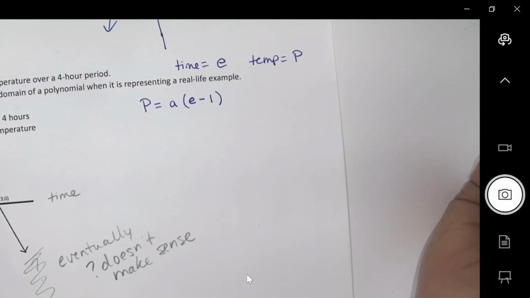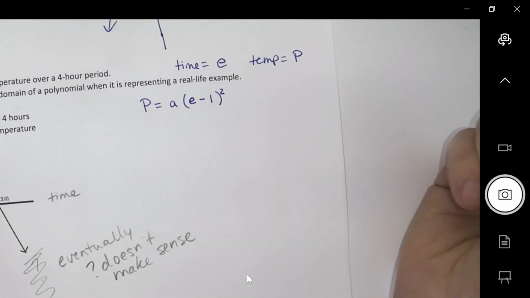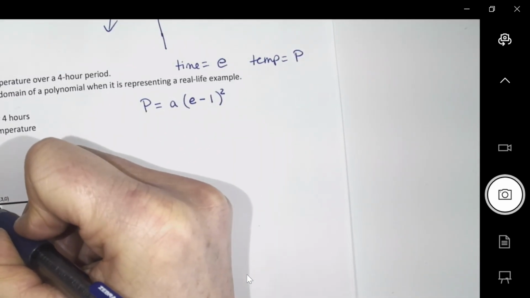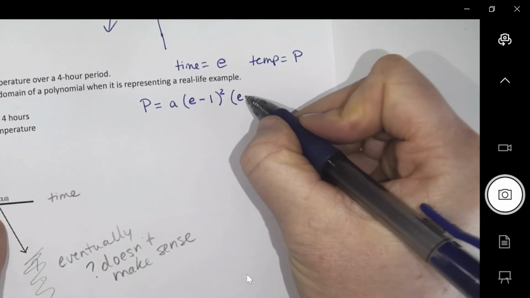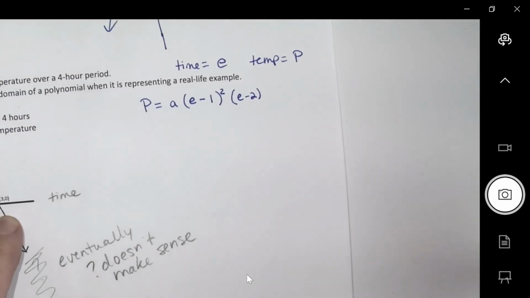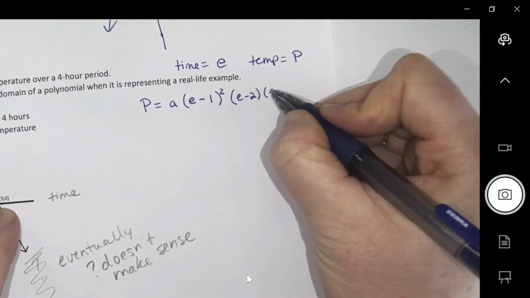What physically is happening at that intercept? Bouncing, so I need a squared. Then the next intercept is at 2, so the factor will be E minus 2. And then the next intercept is 3, so E minus 3.